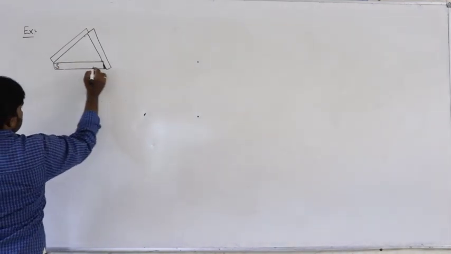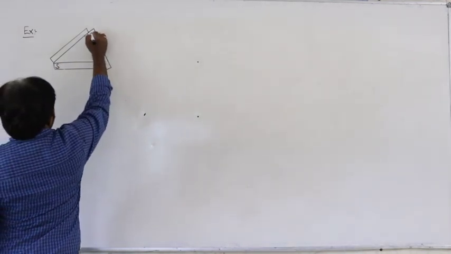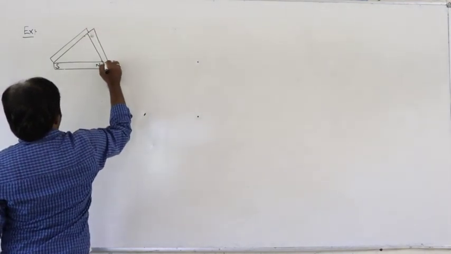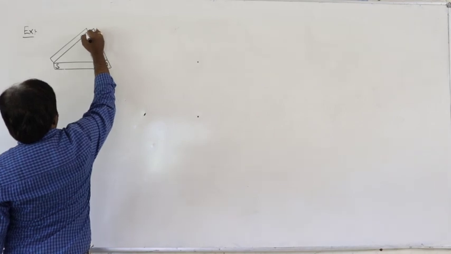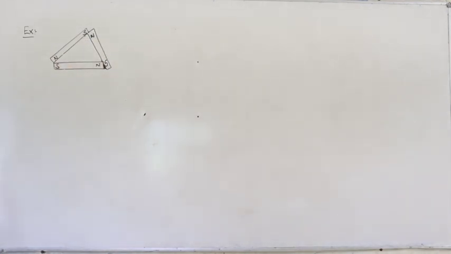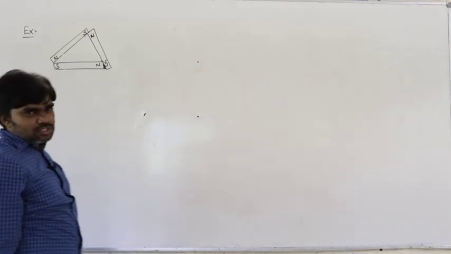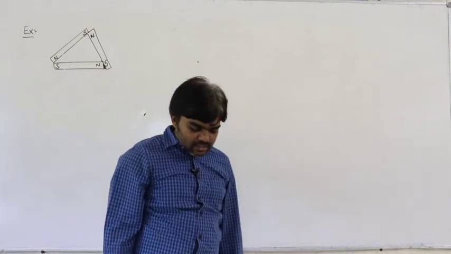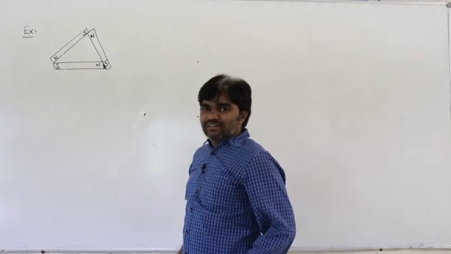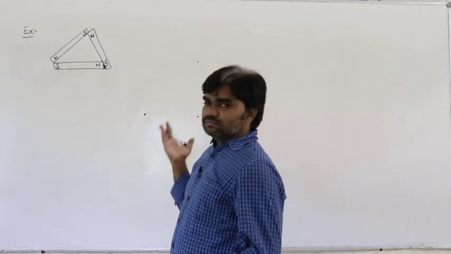So, this is south pole, north pole, south, north, south, north, so that unlike poles are touching each other. Assume that.